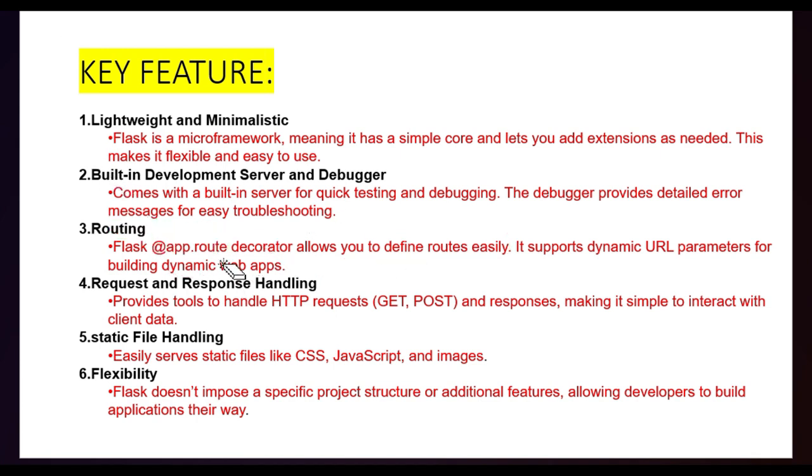The next point is request and response handling. It provides tools to handle HTTP requests like GET and POST, and the response makes it simple to interact with client data. Flask simplifies handling the HTTP request and creating a response, and the request object lets you access client data like query parameters.